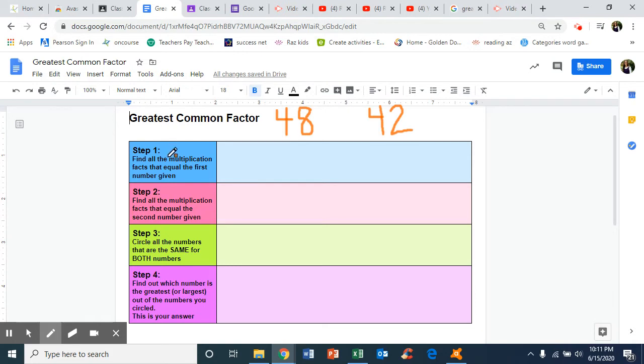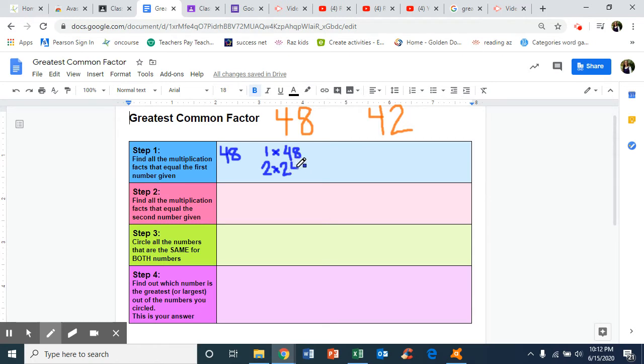So first we want to find all the multiplication facts that equal the first number given. So 48. So we have 1 times 48 and 2 times 24.